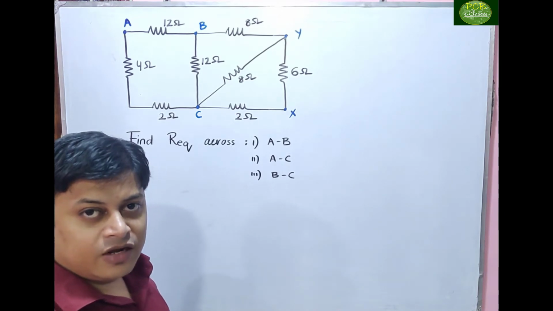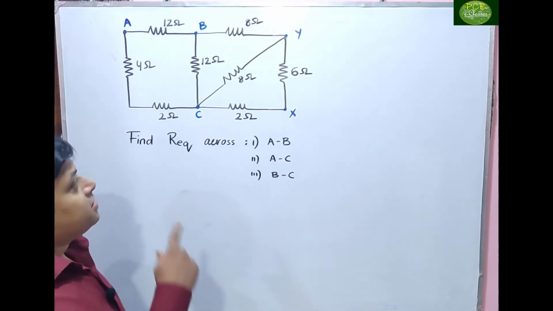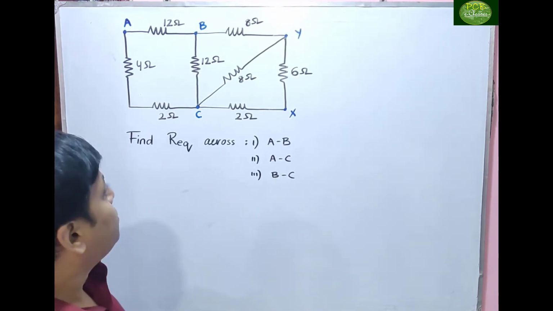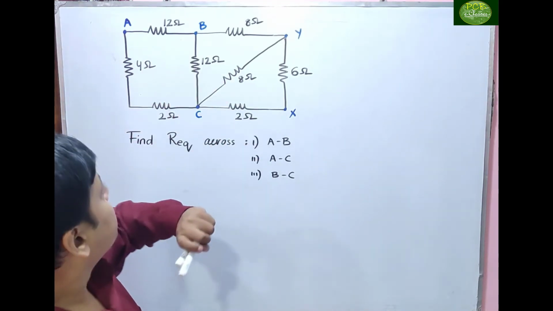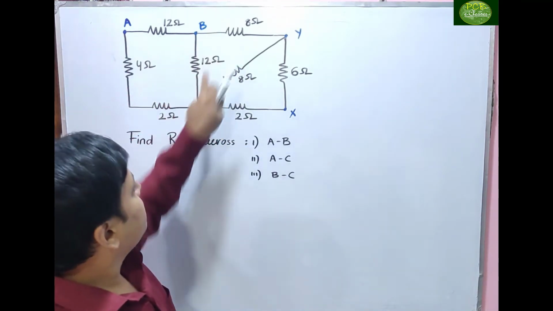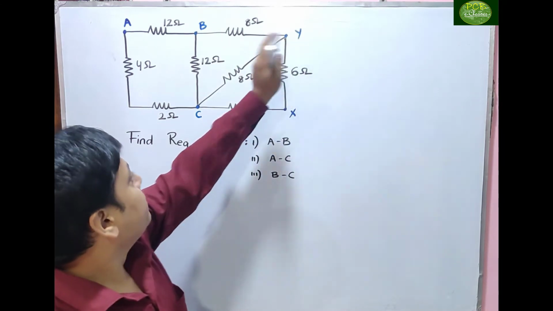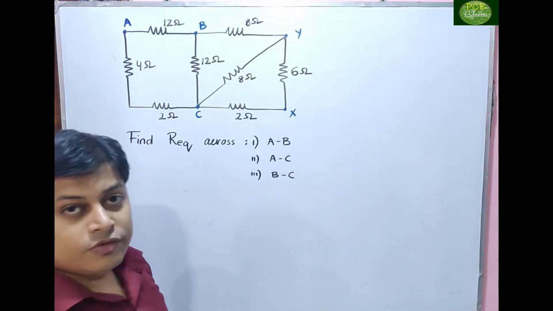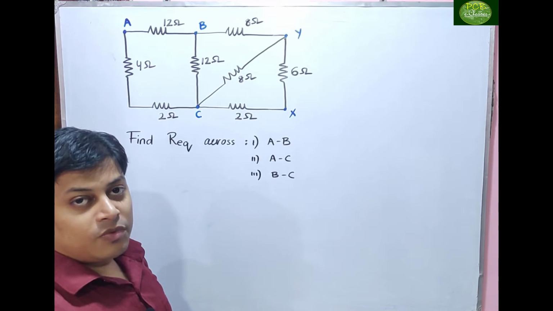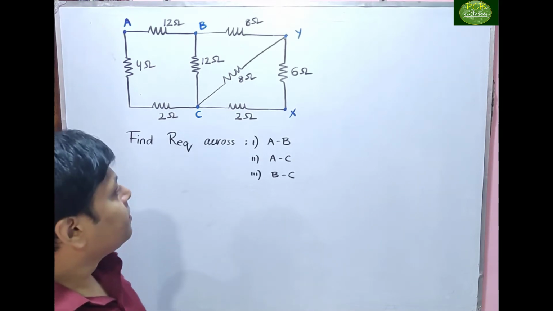Let's see another variety of problem. This is a circuit diagram given and the node names are also given here, right? A, B, C, X, Y. These are all the node names.